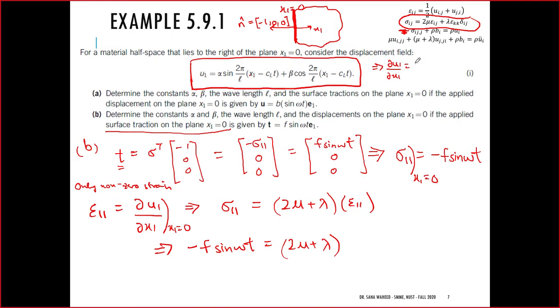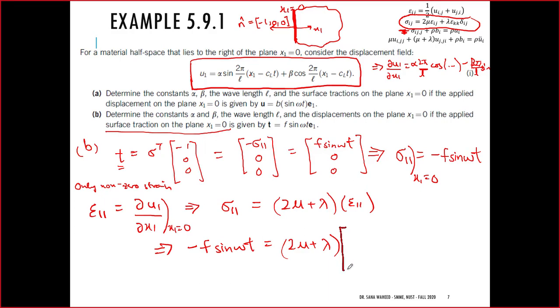Okay, so that's alpha 2 pi divided by L cos of, again, this entire thing, मैं उसको ऐसे ही रहने देती हूँ, and then ये plus beta cos है, तो cos का minus sign हो जाता है, so that becomes minus beta 2 pi divided by L sine of the whole thing again. ठीक है जी, and then we're evaluating it at x1 is equal, पहले मैं ये पूरा ही लिख लेते हैं.